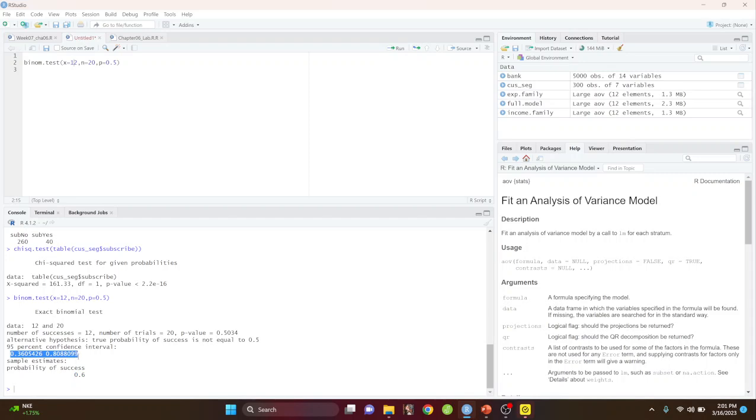In other words, the confidence interval range between 0.36 and 0.81. That's what it says.